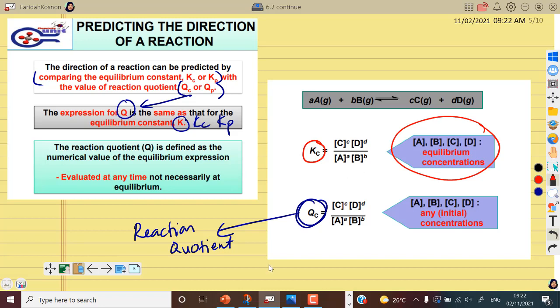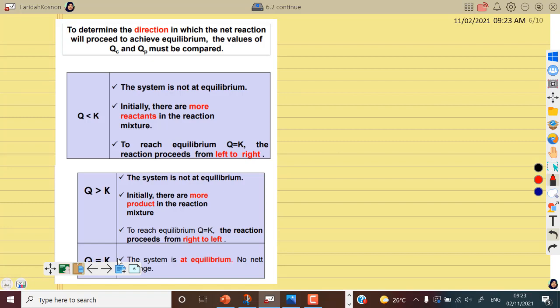Tapi, kalau kita nak tahu whether the system is at equilibrium or not, we have to use initial concentration for the reactants and product dan kita kira Q dulu. Sama ada QC or QP, baru kita boleh ramalkan. Is the system at equilibrium? Kalau tidak, macam mana?